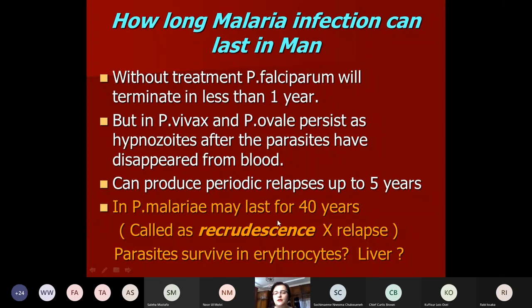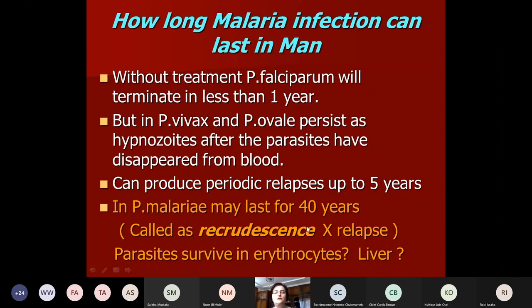Plasmodium malariae infection may last for 40 years, which is a very interesting fact. It was a documented case of persons who lived in tropical regions and moved to northern countries, as I remember Canada, and never went back home, never visited tropical countries again, and in 40 years there was a relapse of Plasmodium malariae infection.